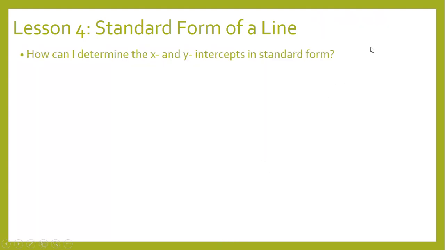Okay, the other thing that we didn't have a whole lot of time to discuss in class today was finding x and y intercepts for standard form. So I'm going to rewrite standard form up here just so we don't forget.